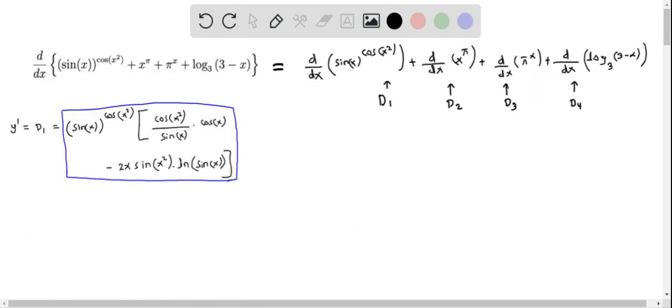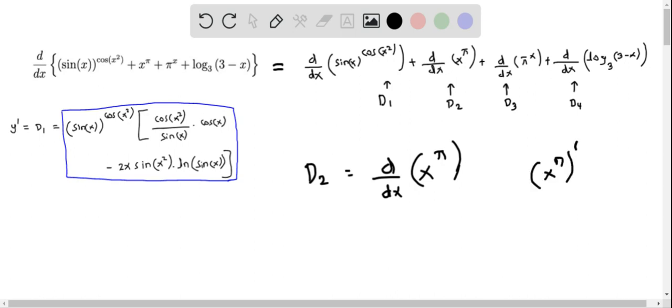We now find the d2, which is the derivative of the expression x power 5. So d2 is d by dx of x raised to the power of 5. Here we can apply the power rule of x power n. That is, the derivative of x raised to the power of n is n times x power n minus 1.